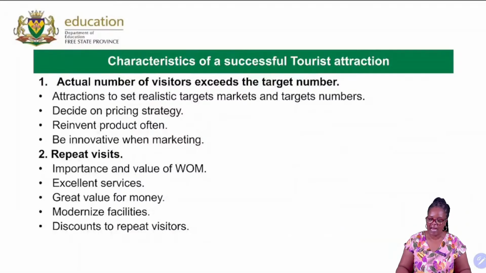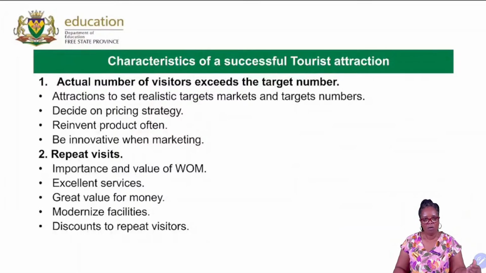So let's look at that. What makes us believe that this attraction is getting more visitors than what is expected? They must have realistic targets. They must have target markets, and they must have target numbers.